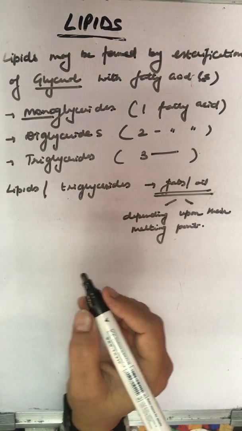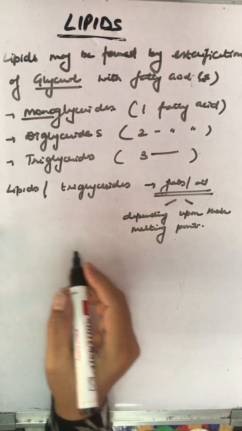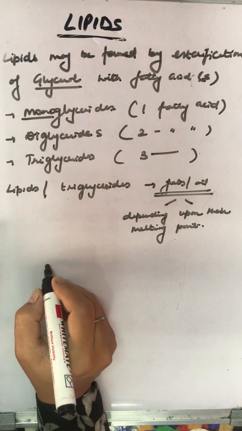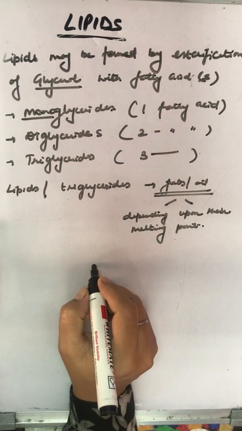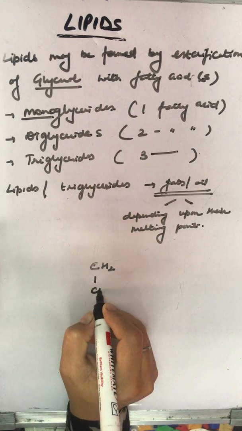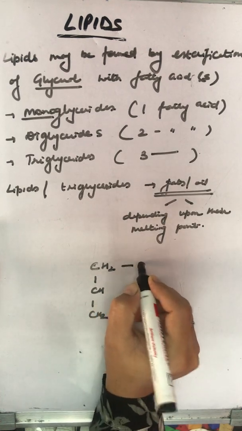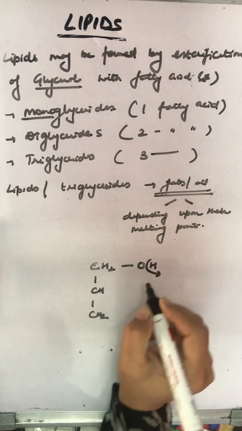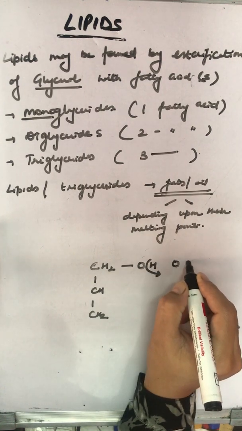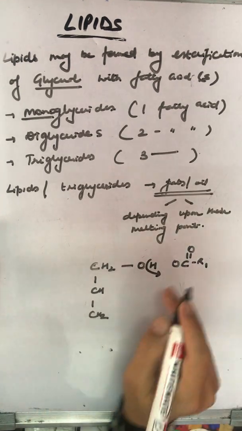Alright. Now moving to the next property of its structure, a phospholipid. When we draw the structure of a phospholipid lecithin, we say first of all it is the primary basic chain CH2, CH and CH2. Here the H of this hydroxy group is replaced by O, C double bond O, R1.